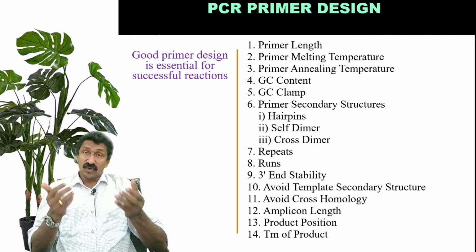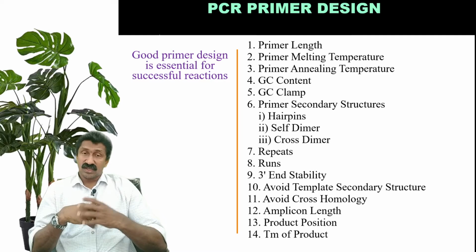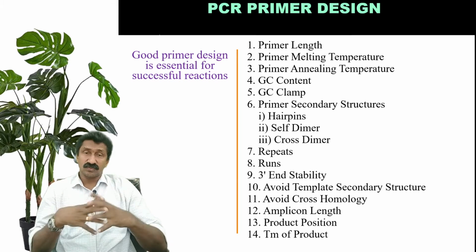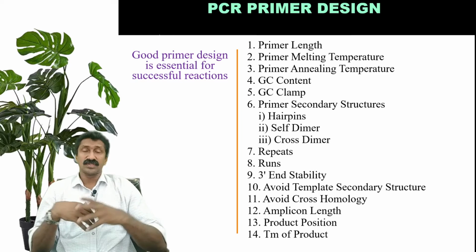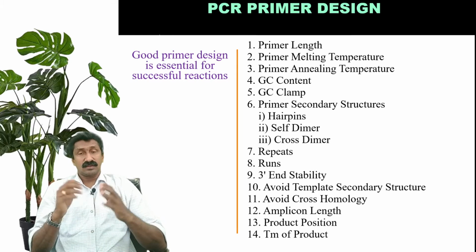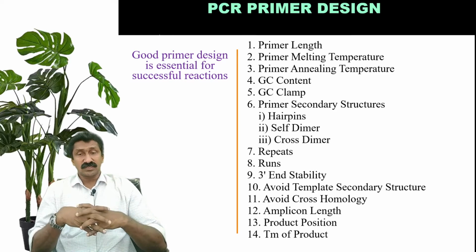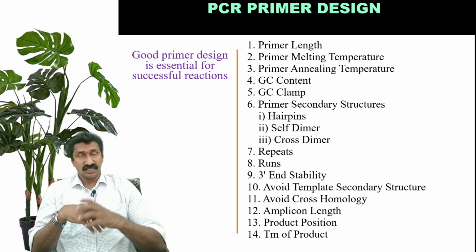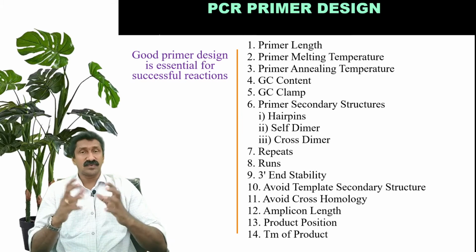Then we need to avoid template secondary structures, avoid cross homologies, amplicon length. Amplicon length means the length of the product that is formed between the forward and reverse primers. Then product position, TM of the product, the melting temperature of the product.